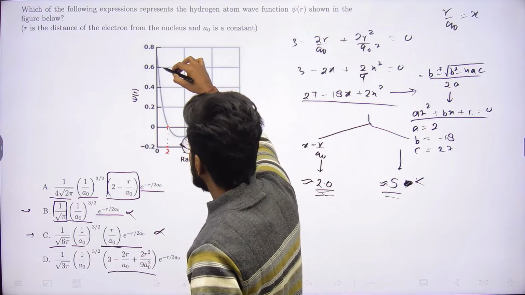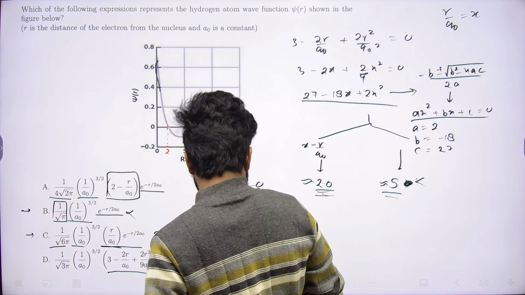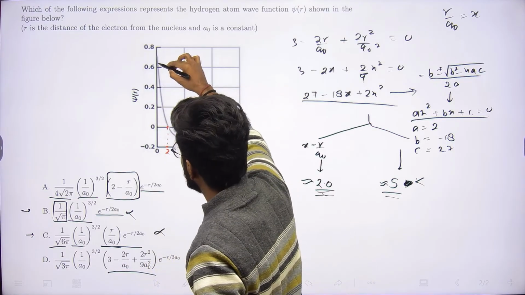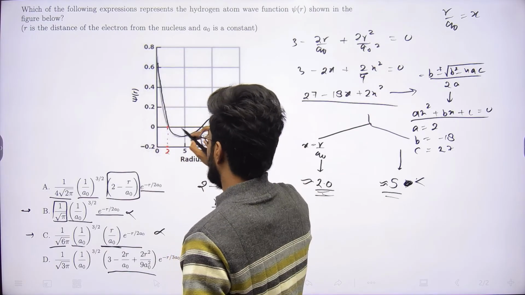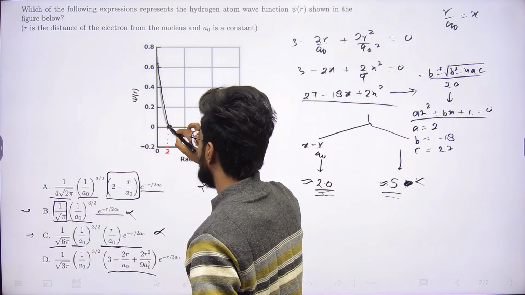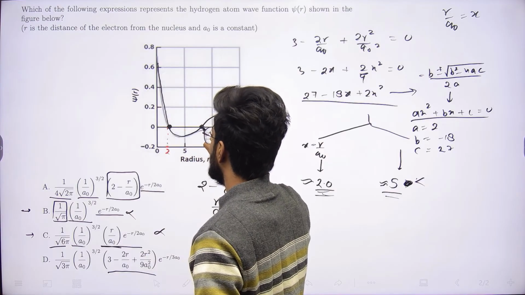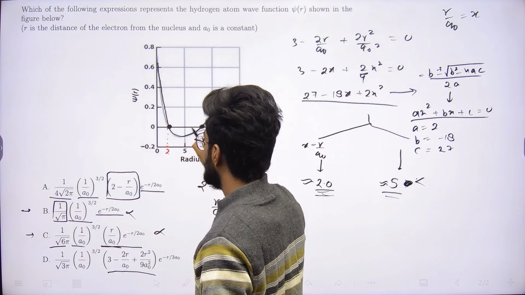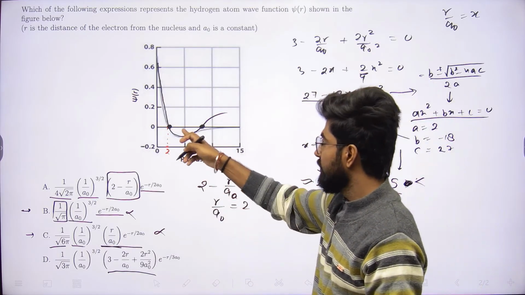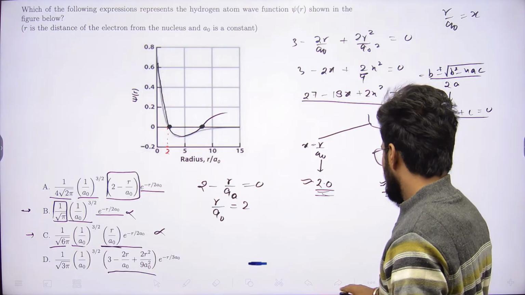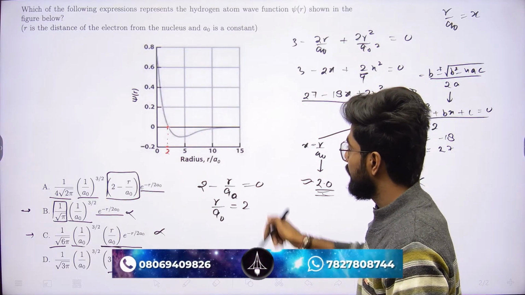If this curve was, instead of what they are actually asking, like this, then this equation might hold true, because now it is actually crossing the psi r equals 0 axis 2 times. So this shows that we probably get two roots, but the actual graph is not like this.